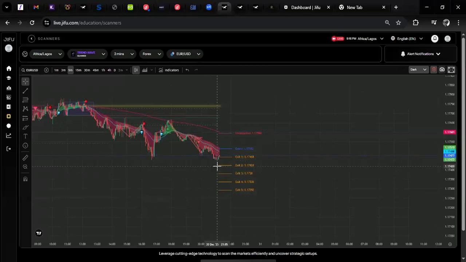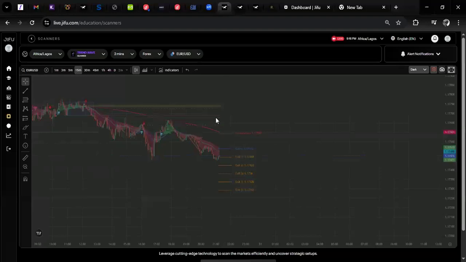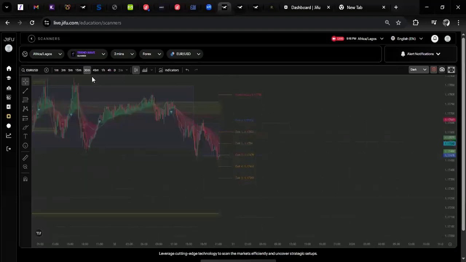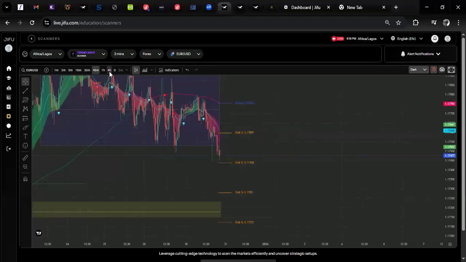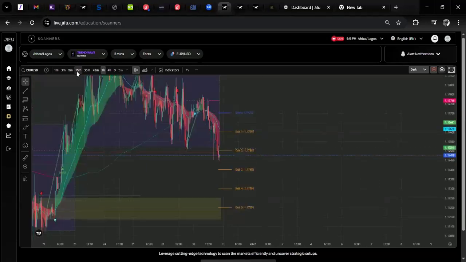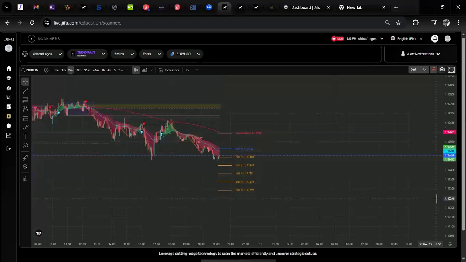For example, 5 minutes is already at exit one, 15 minutes is already at exit three, 30 minutes is already past exit one, almost at exit two. For 5 minutes, exit one, 1 hour, exit one. So the closest one we have is the 5 minutes. All right, it's pushing to entry.